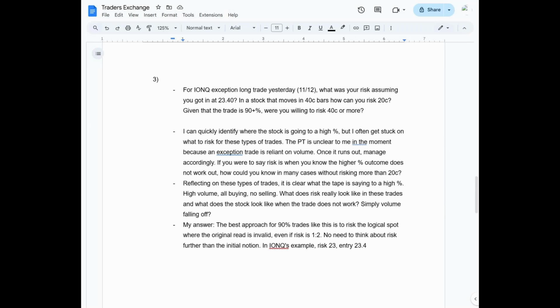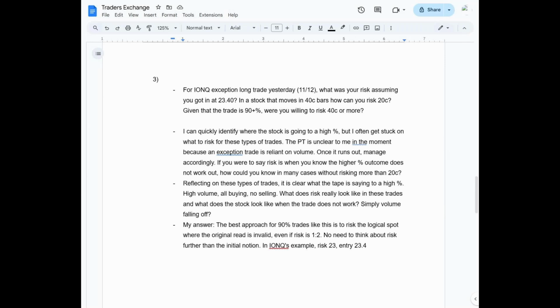No. Why? Because we have a major level right above, like 23.50 in this example. So could that ever be a 90+% trade in any way? No. Do we measure the movements of stocks based upon 40-cent bars? No, like you said, it's based on the increments.